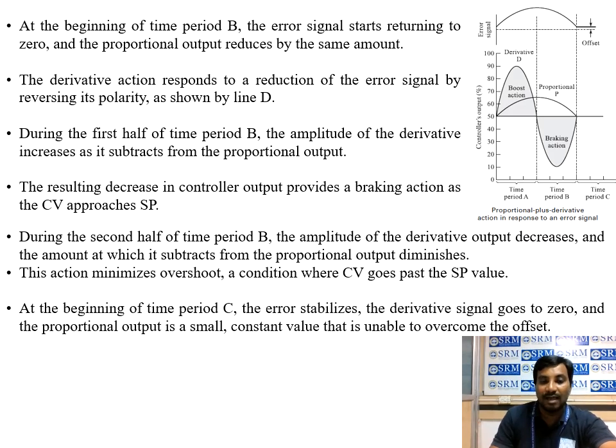This action minimizes the overshoot, a condition where the control variable goes past the set point value. At the beginning of time period C, the error stabilizes, the derivative signal goes to 0 and the proportional output is a small constant value which is unable to overcome this offset.